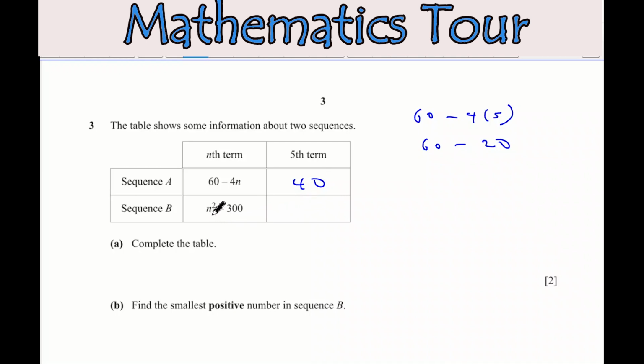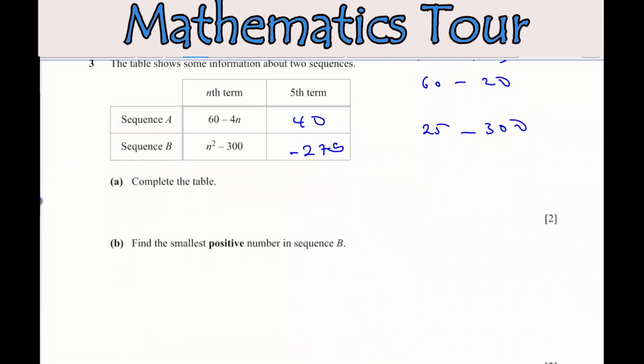And here you pass 5 into n, so that will be 5 squared, 25, minus 300. If you do this, you should get a negative answer, that is minus 275. So you have completed the table.